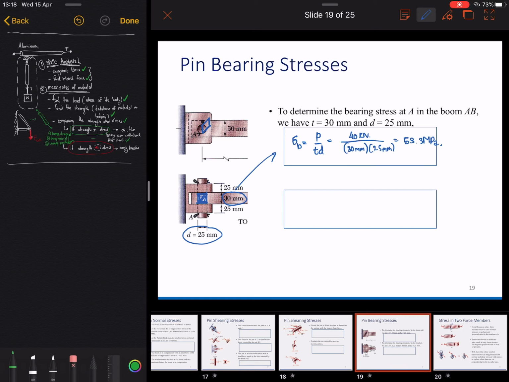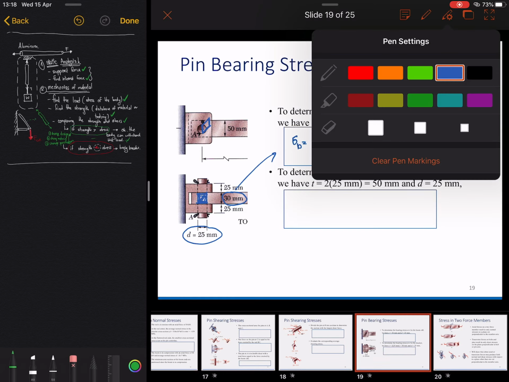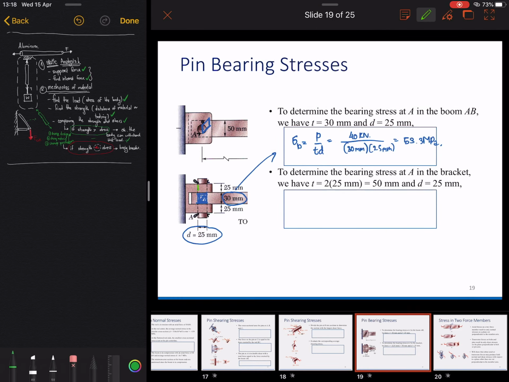And another one, I will write this in green. We have this area here.